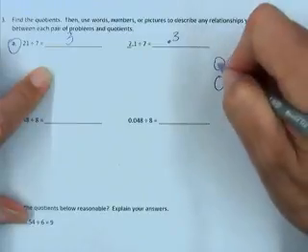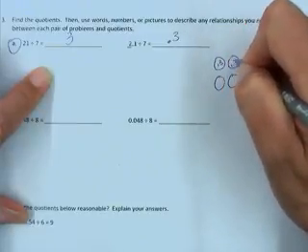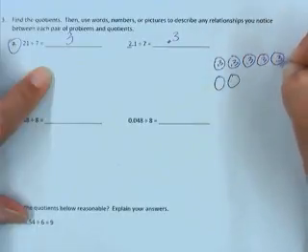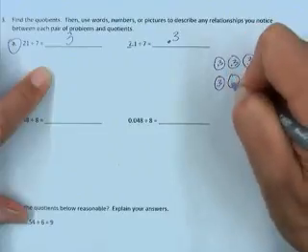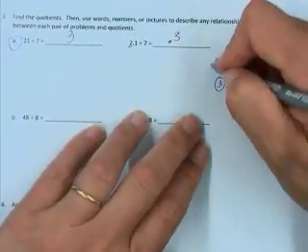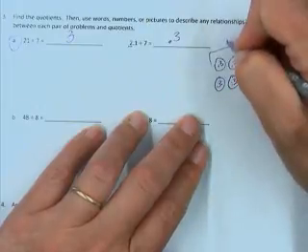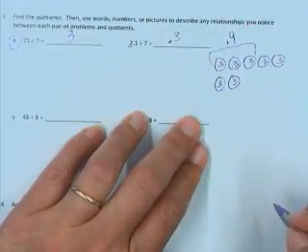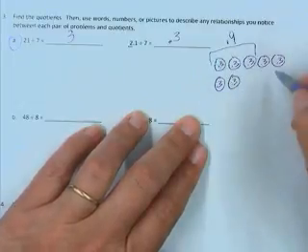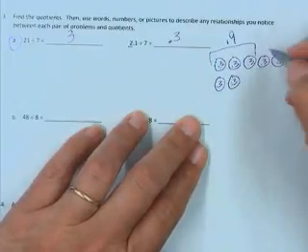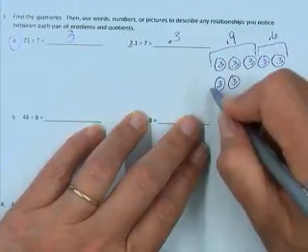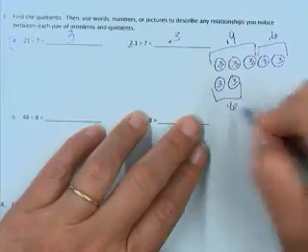And each one of those is going to be 3 tenths. So I know that these 3 right here are going to get us to 9 tenths, because 3 times 3 is 9. And then if we do that again with this pair right here, that's going to be 6 tenths.